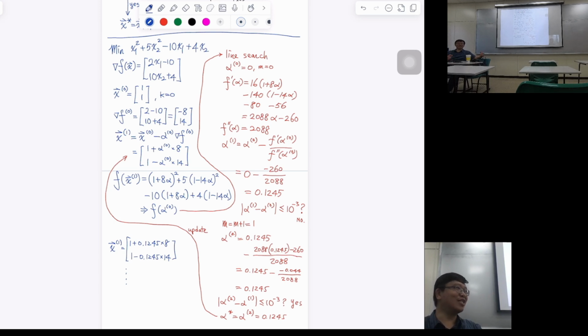But in reality, the functions usually are very nonlinear, so sometimes it's difficult for you to perform a lot of derivatives. That's why people try to avoid using Newton's method. Okay?